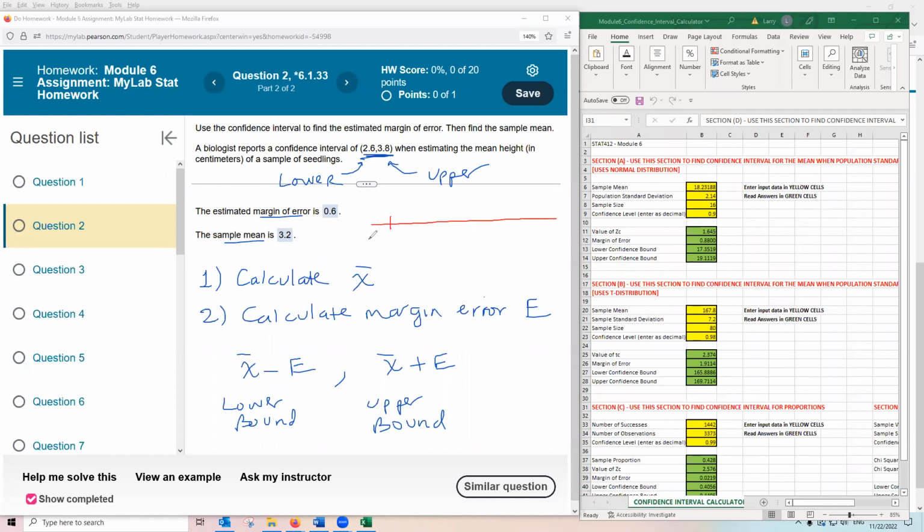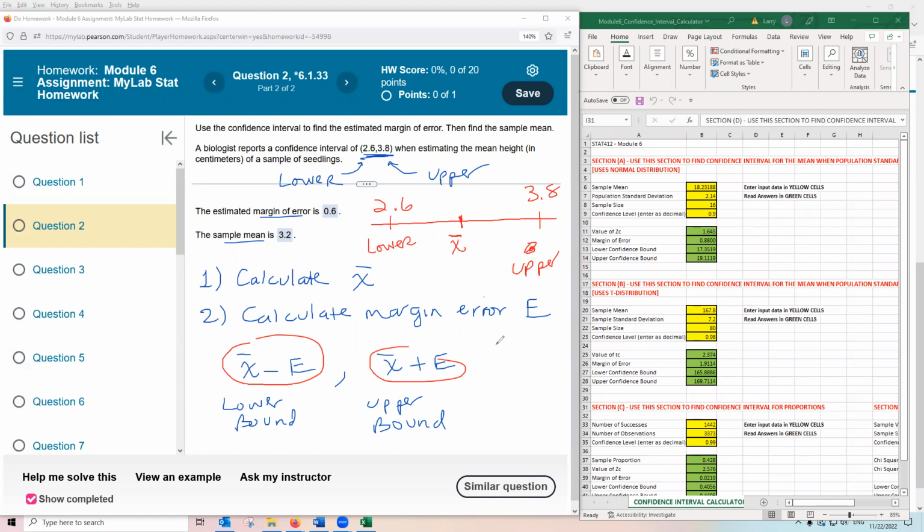Let me mark the lower bound here, 2.6, and here's the upper bound, 3.8. Well, the sample mean, X bar, is always centered in this interval. You can see it here. It's X bar minus E for the lower bound, X bar plus E for the upper bound. That means X bar is centered right in the middle.